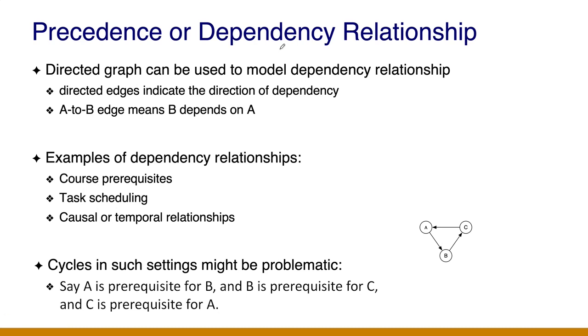And the way it works is as follows. If you have, for example, a node A and a node B, and you have an edge connecting from A to B, this is directional.